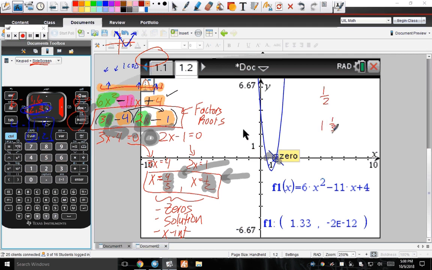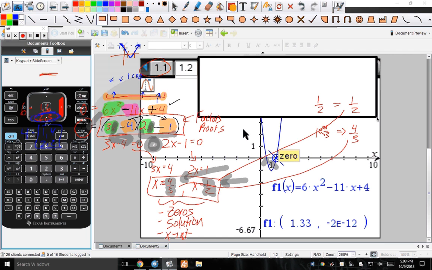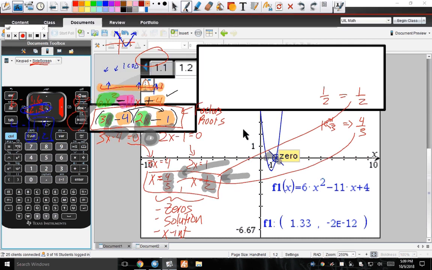Okay? Converting mixed fractions from 5th grade to improper fractions, we know 3 times 1 plus 1 is 4/3, and we have 1/2. So that's how we get the 4/3 here. That's how we get the 1/2. Now some of you are thinking, if I use that calculator, how am I going to get it to look like the way that we got with non-calculator? Okay, and I'm talking about this right here, this 3x minus 4 and this 2x minus 1.